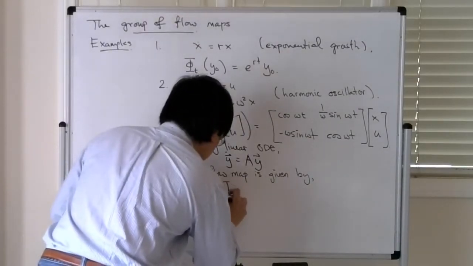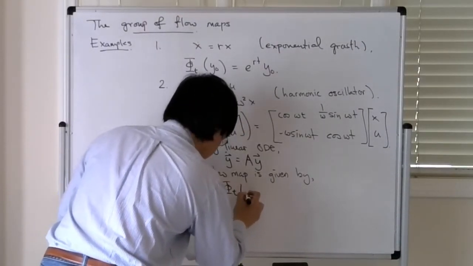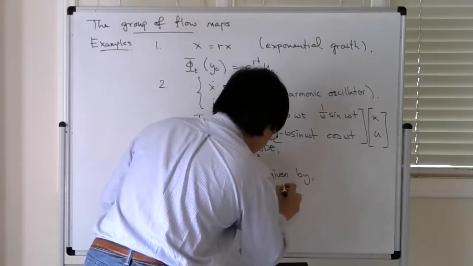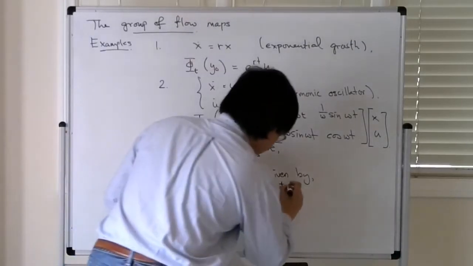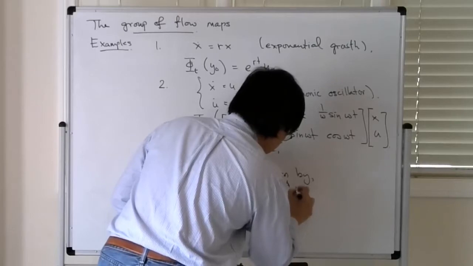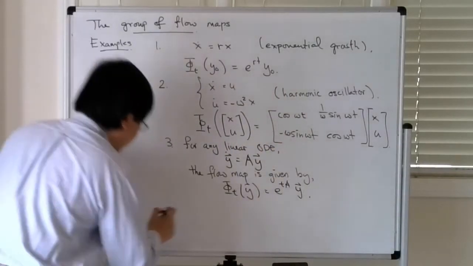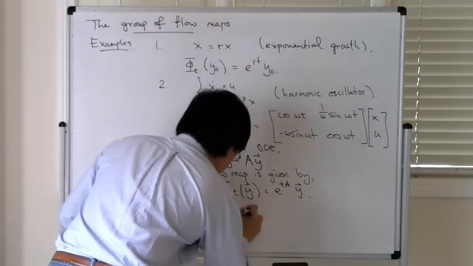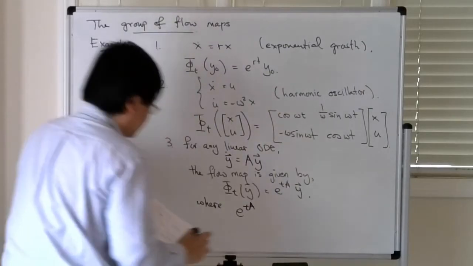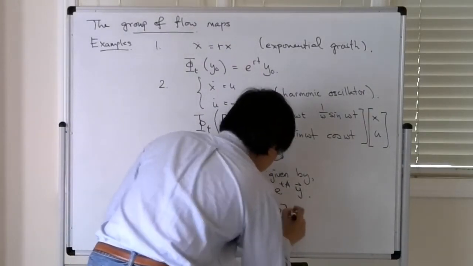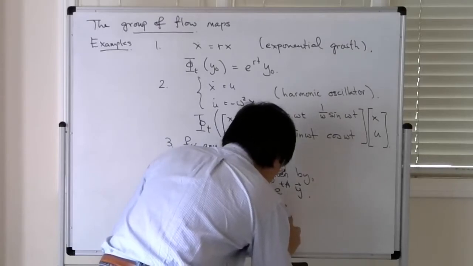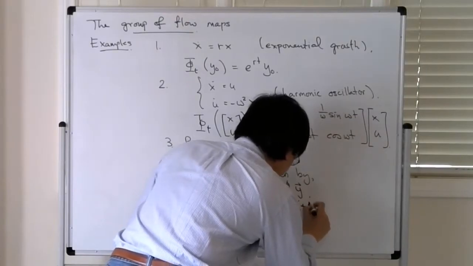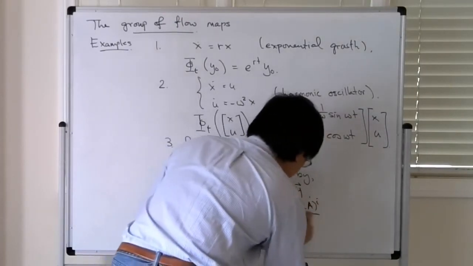Okay, so the flow map applied to some initial data y is going to be the matrix exponential of t times the matrix A applied to the vector y, where you define this matrix exponential e to the tA using a series expansion: the sum from i equals 0 to infinity of tA to the i-th power divided by i factorial.